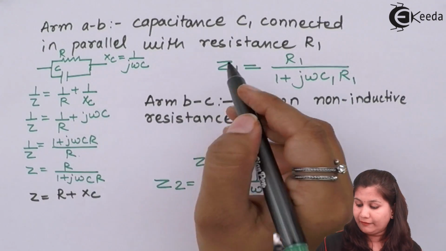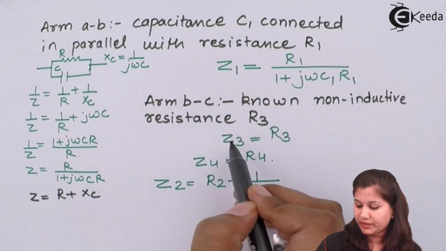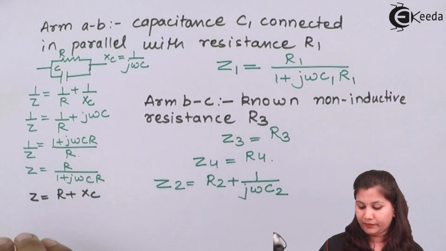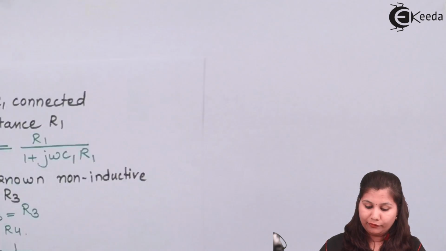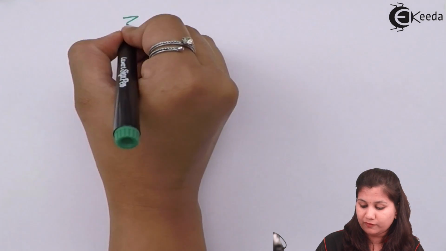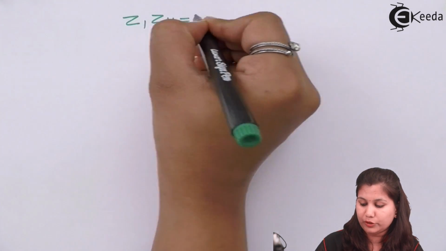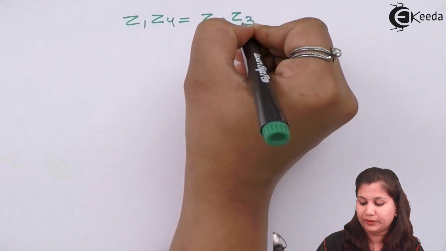Okay, so we have the values of Z1, Z2, Z3 and Z4. Now when the bridge is balanced, then for a balanced alternating current bridge we have the balance equation, which is Z1 Z4 equals Z2 Z3.